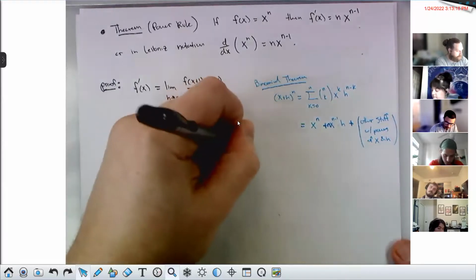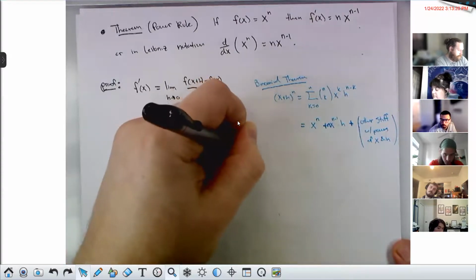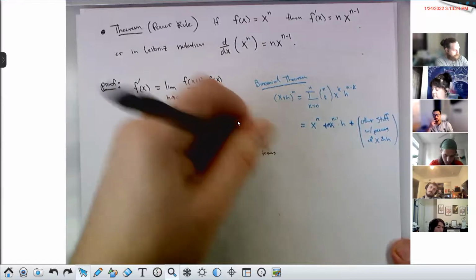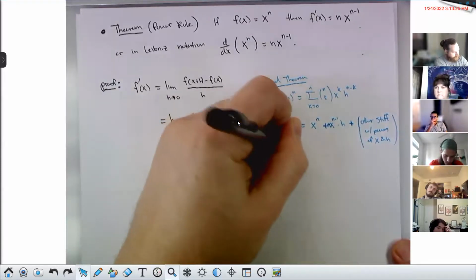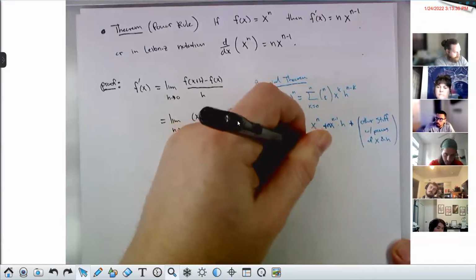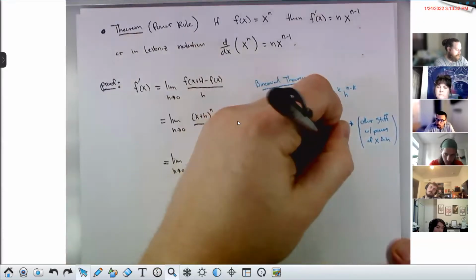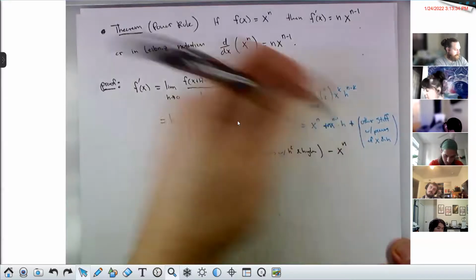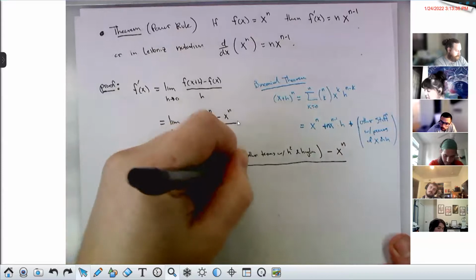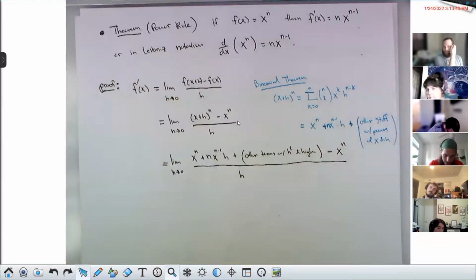So we'll say like this is other terms with h squared and higher. And then I still have my minus x to the n. And downstairs here, I still have my h.